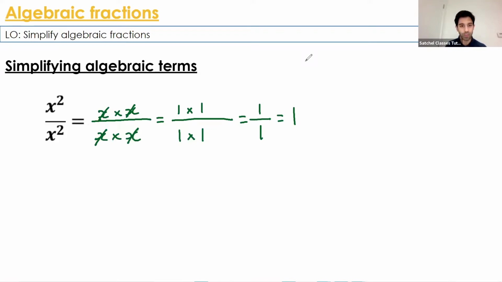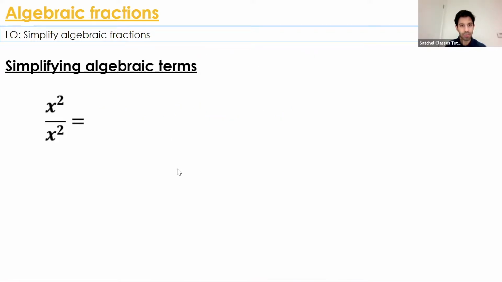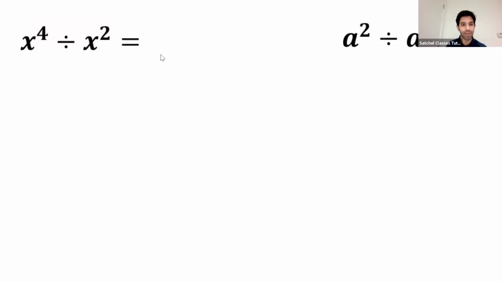So if I just clear all of this, we can do another example. So here we have x over 4 divided by x over 2. So we can write this as a fraction. So this is going to be x over 4 divided by x over 2, which can be rewritten as x times x times x times x.